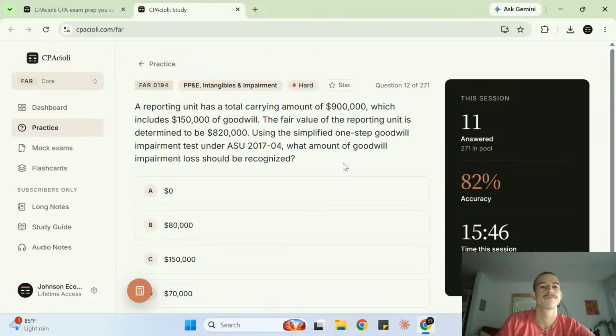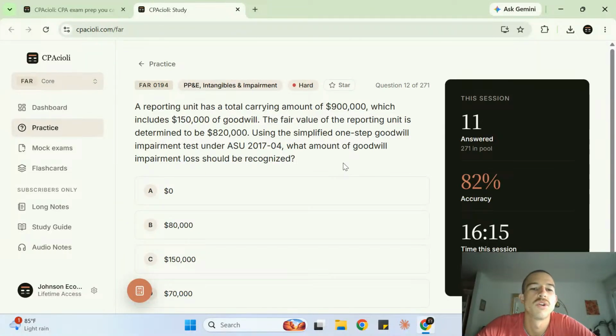Good to know. A reporting unit has a total carrying amount of 900, which includes 150 of goodwill. Okay, so it would be 900, which is the carrying amount, minus the fair value of the reporting unit, which is 820.